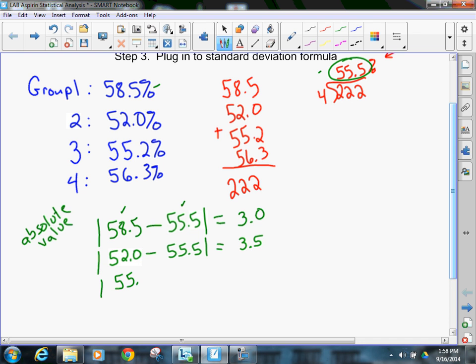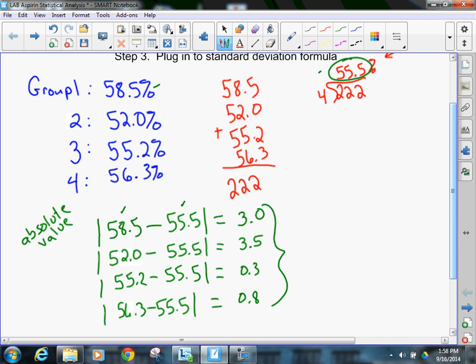The next one is the absolute value of 55.2 minus 55.5. And that is 0.3, and I am taking 56.3 minus 55.5 for the last one, and we get 0.8. So these numbers right here are all of our deviations from the mean.